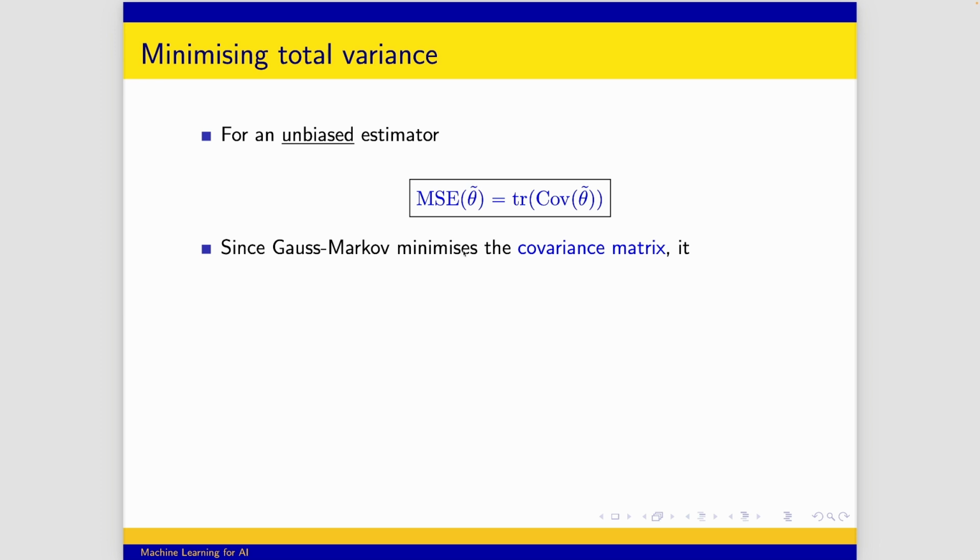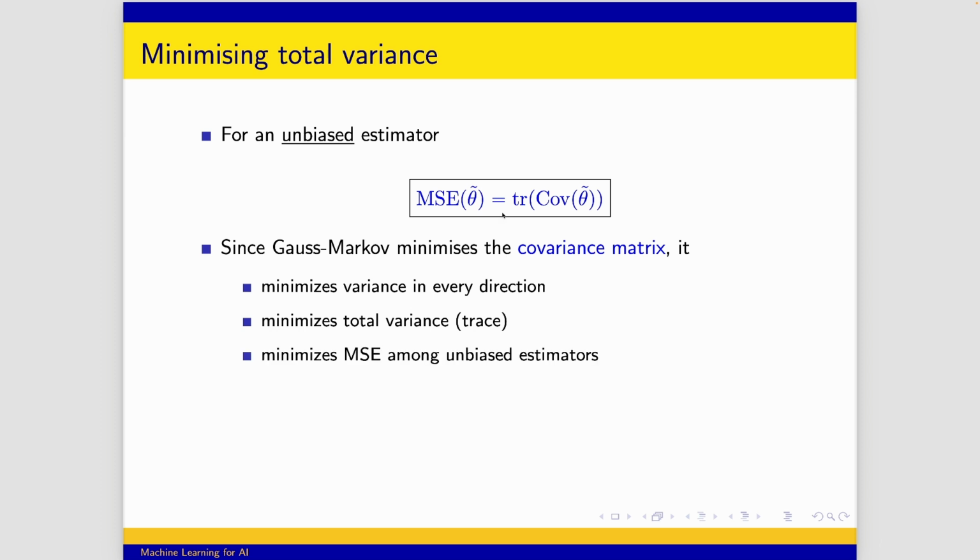Now, since Gauss Markov minimizes the covariance matrix, it does what? It minimizes, as we've seen before, the variance in every direction, or the variance of any linear scalar summary, or any linear functional. It minimizes the total variance or trace, which we've just shown, and it minimizes the mean square error amongst all unbiased estimators.